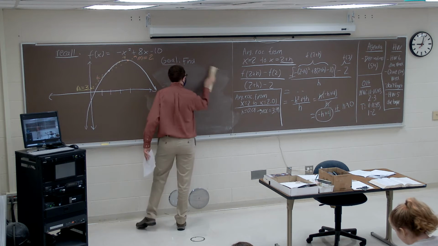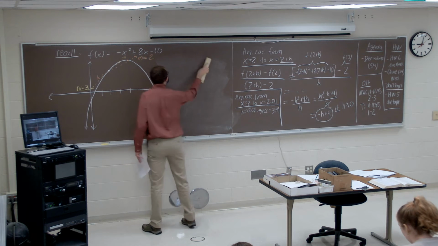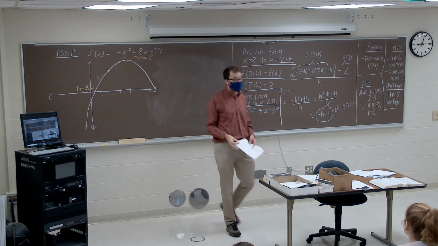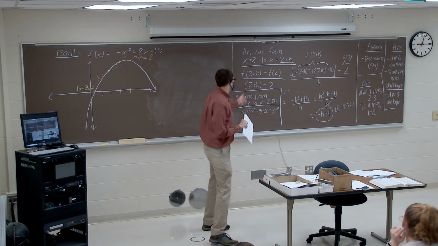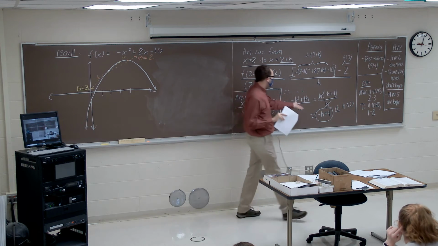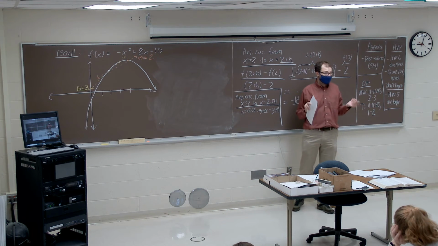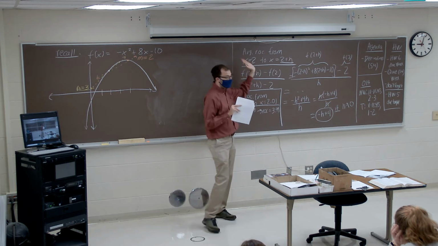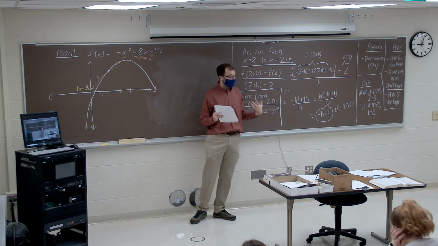Okay. And here is going to be our kind of formula / definition for how we calculate instantaneous rate of change. It's going to involve taking a limit as h goes to 0 of this average rate of change expression from x equals 2 to x equals 2 plus h.